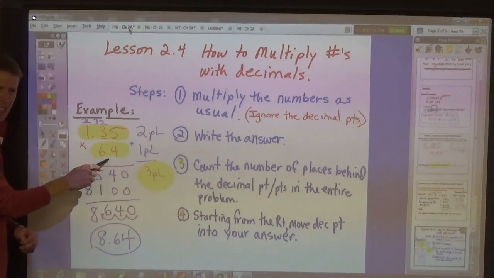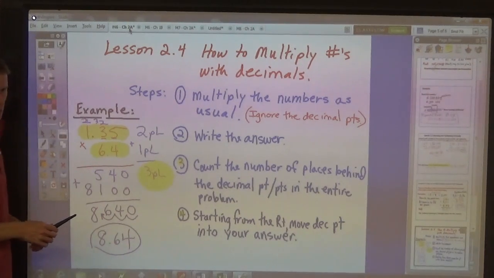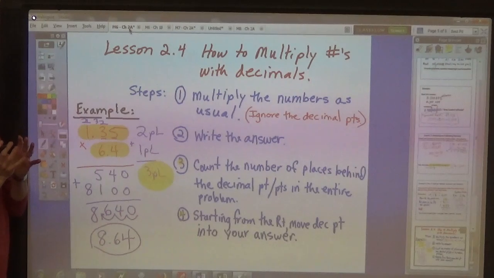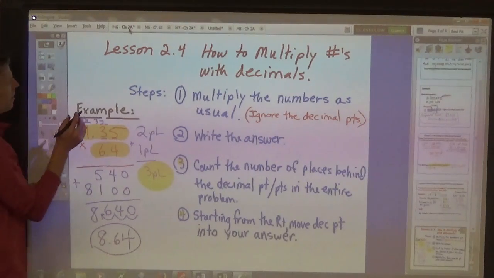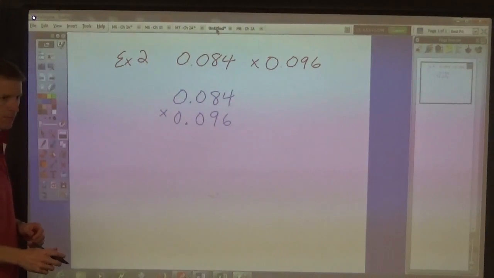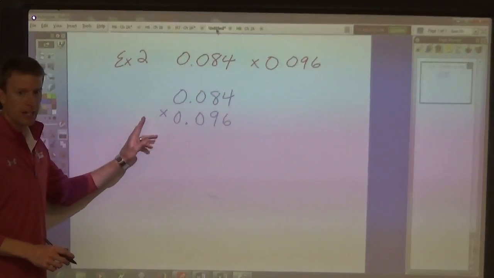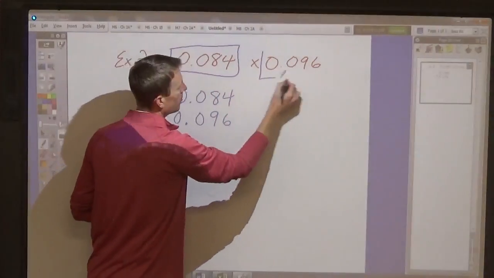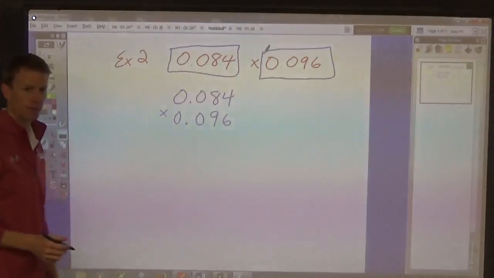In fact, it might even be confusing if I lined up the decimal points, because then I might put in zeros where I don't need to, and that's just going to confuse me. So you don't need to line up the decimal points, just write the numbers as given. Okay?